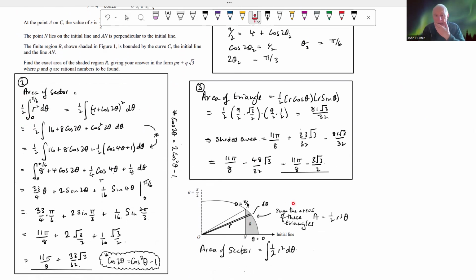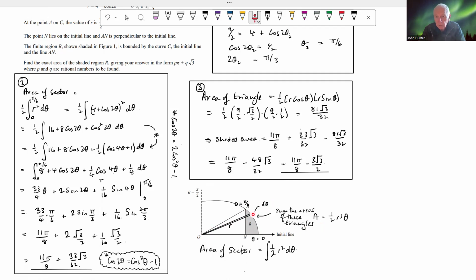So why is that? If you don't know all this already, well, if you do, then you might want to skip forward. But essentially, imagine all these little triangles here, which have an infinitesimally small angle. If we think of it in terms of discrete integration, then we are adding all these triangles all the way around from theta equals 0 up to theta equals pi by 6.